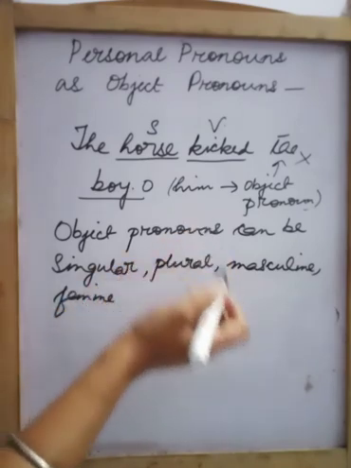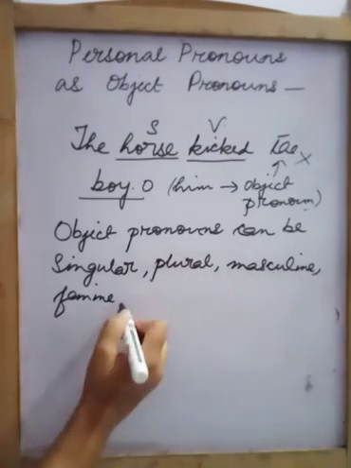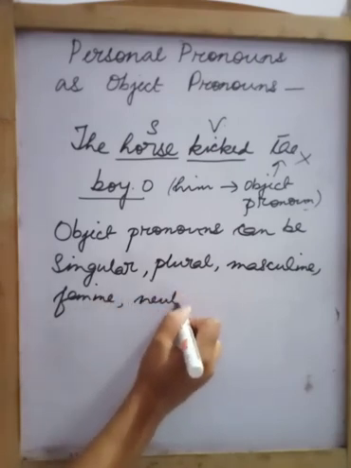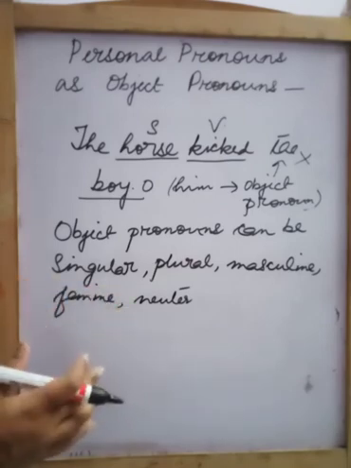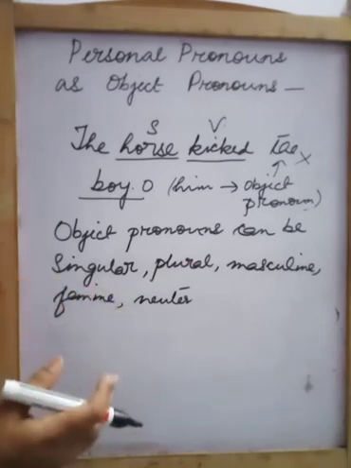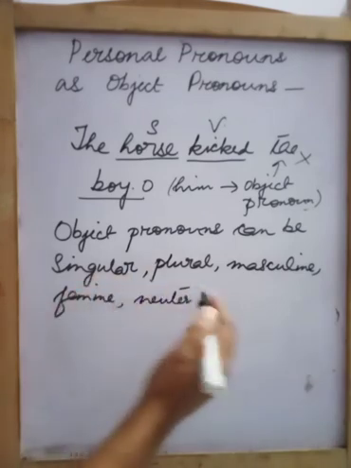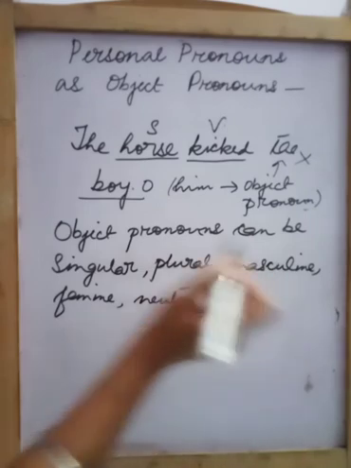Say him, her. Masculine will be him, and feminine will be her. It can also be a neuter gender. Say we are saying "them". Many people in a group, them. So if it is them, it can be a mix of male and female. We do not know in that case, so it is a neuter gender.